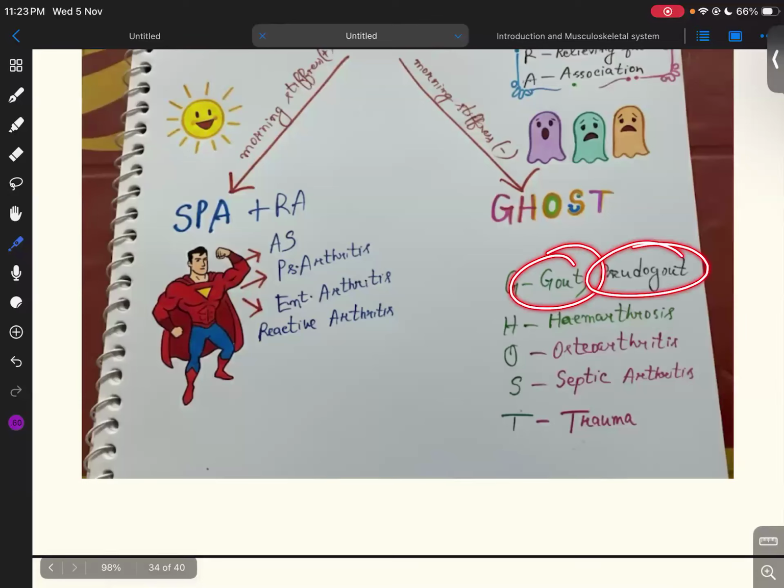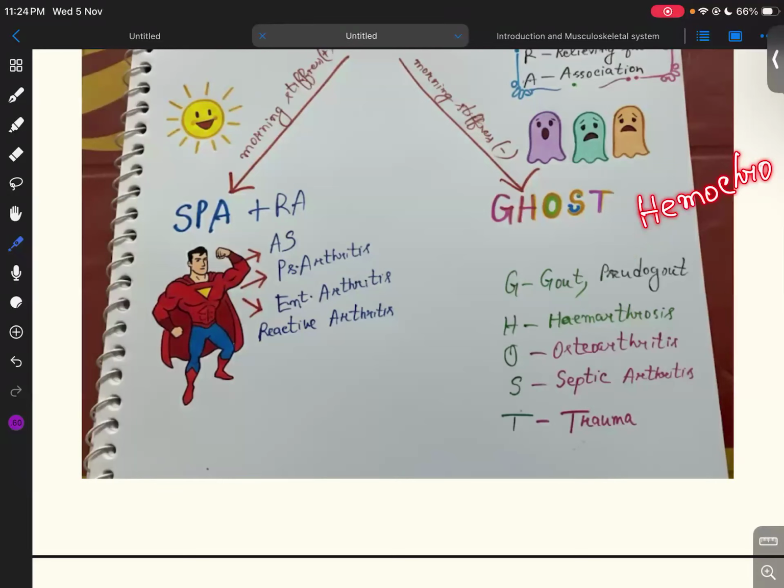For pseudogout, in the PACES exam, hemochromatosis is important. It can be primary hemochromatosis or secondary hemochromatosis. Secondary hemochromatosis is due to repeated blood transfusion.